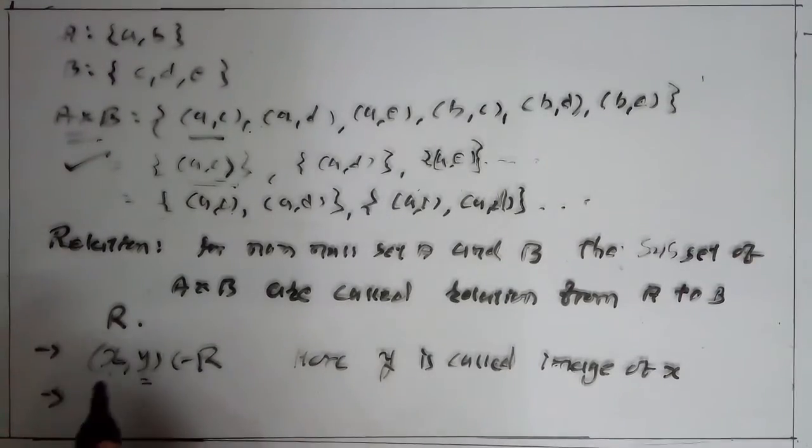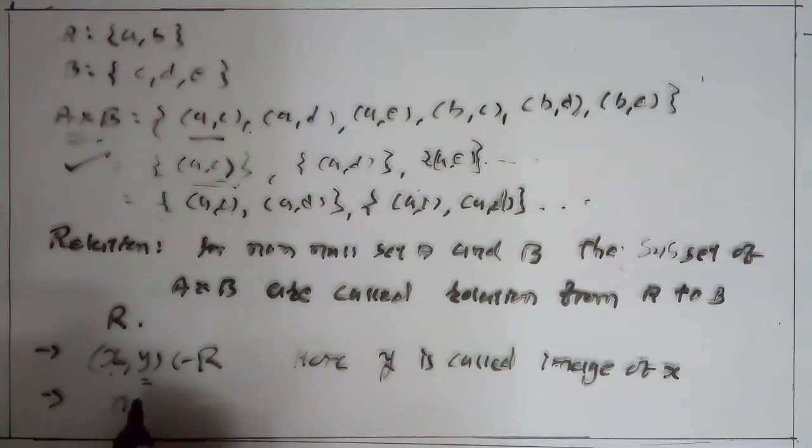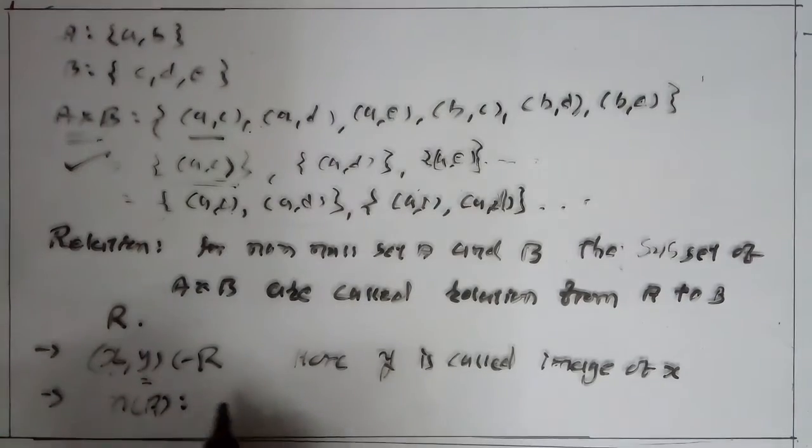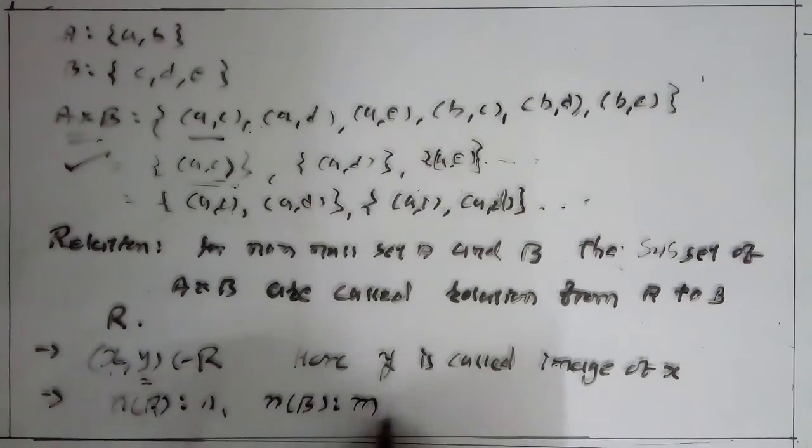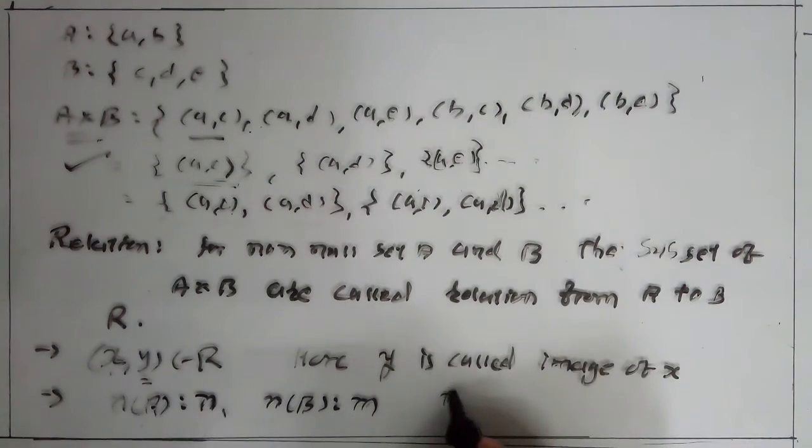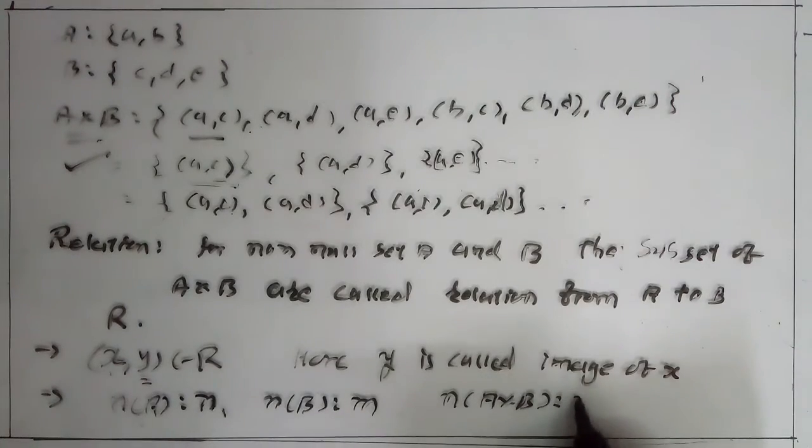So remember this here. If the number of elements of A is n and the number of elements of B is m, then the number of elements of A cross B is m into n.